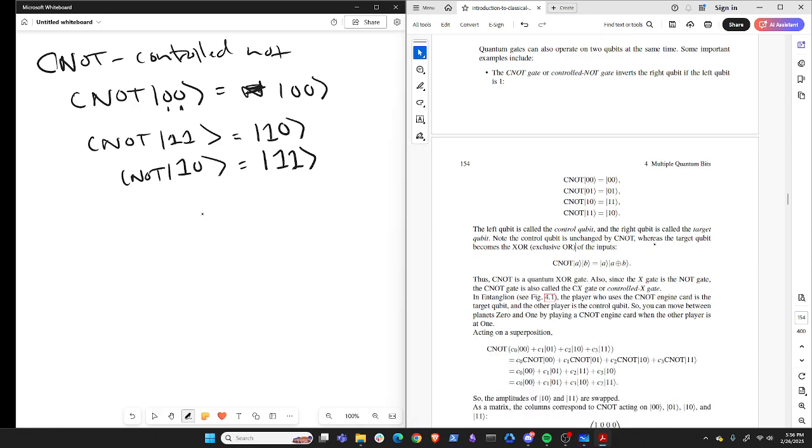So the target bit here, our right qubit, becomes the XOR of the two. So we can look at that here. So let's say we're taking the C0 of 1, 0. That is equivalent to 1 and the XOR of 1 and 0.